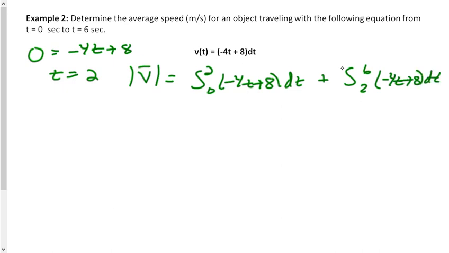And then I'm going to take the absolute value of this because we don't want that to be negative. And we're going to divide all of this by 6 minus 0.